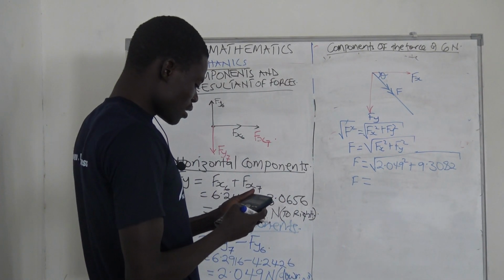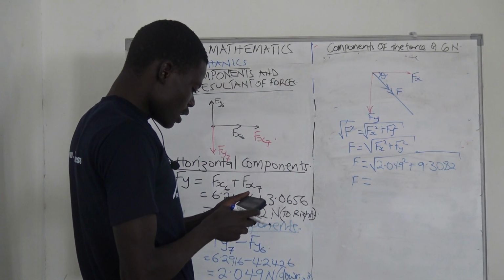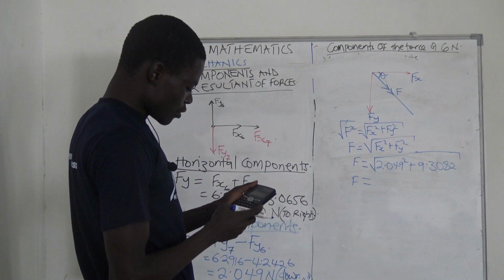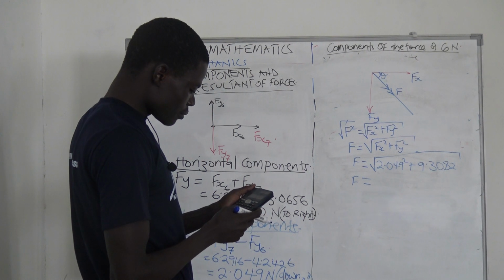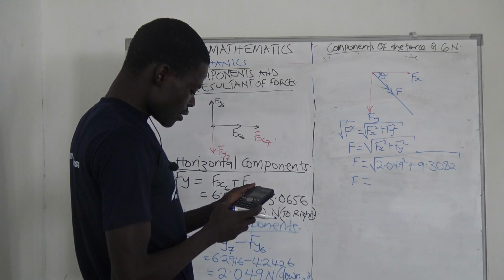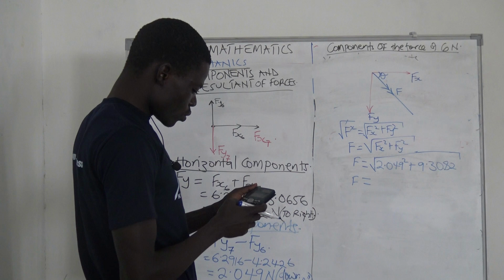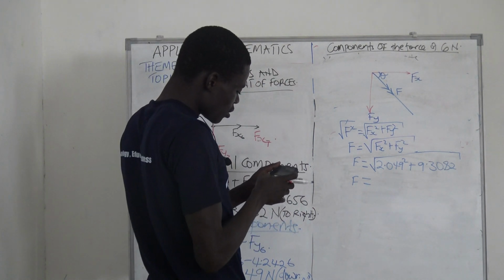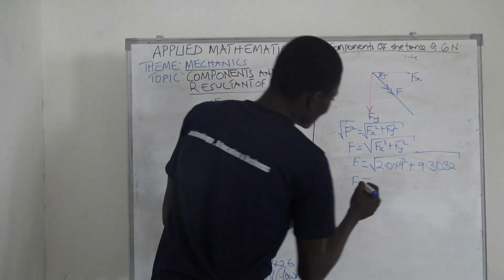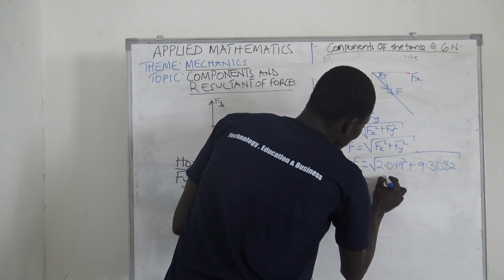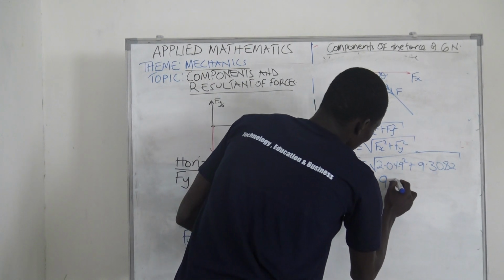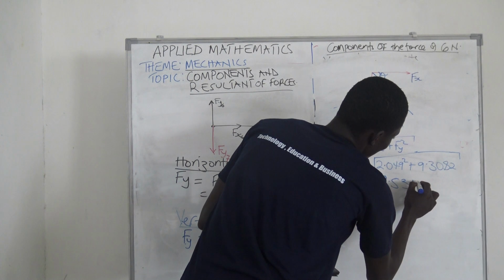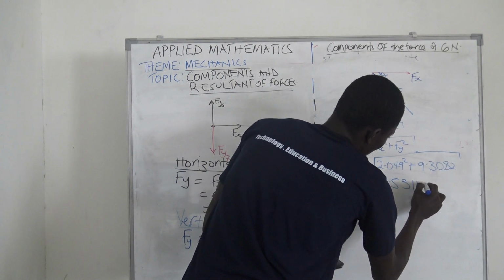Under the square root, we are getting 9.531 newtons.